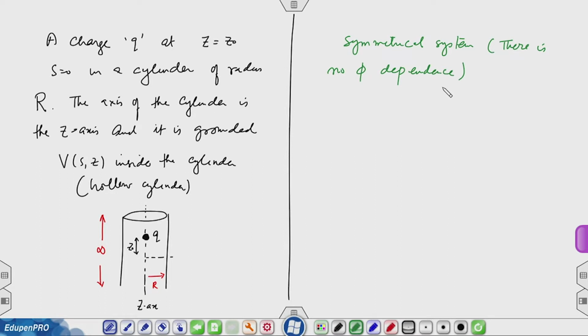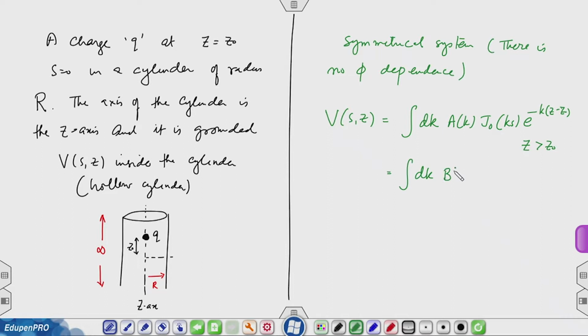So symbolically, the potential V(s, z) is going to be of the form integration dk a_k J0(ks) e raised to minus k (z minus z0) for z greater than z0, and this is going to be equal to integration dk v_k J0(ks) e raised to plus k (z minus z0) for z less than z0.